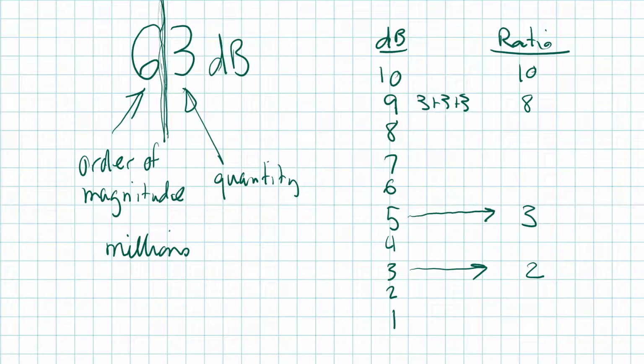So we have to express the dBs as sums of the numbers that we know, 3, 5, pretty much 3 and 5 all the way, and possibly 10. So 8 is 3 plus 5, and that works out to 2 times 3 when we translate to ratios, or 6. Six is just 3 plus 3, which is 2 times 2 in the ratio world.